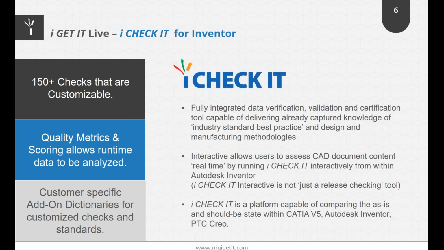If you have a custom check that you need, we can always work with you to create that check. iCheckIt is fully integrated, so once you load it, it loads into the software. Not only do we have iCheckIt for Inventor, but we also have iCheckIt that works with CATIA and with PTC Creo.